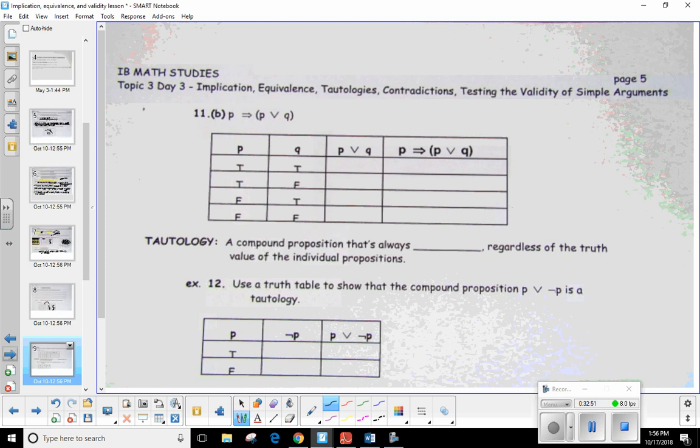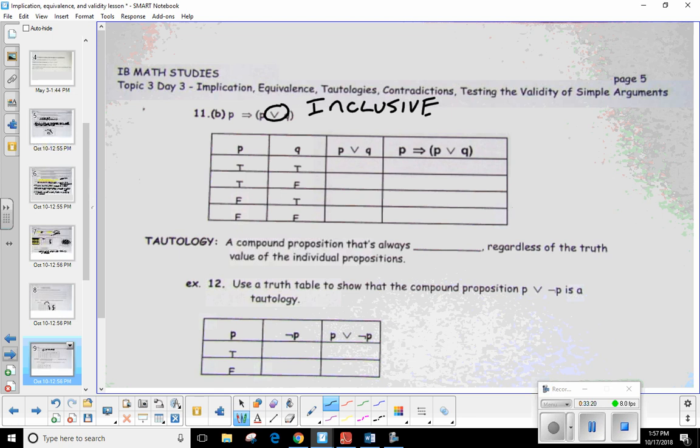No? Okay. Zoe, is this the inclusive or the exclusive? This is the inclusive. Okay. What does that mean? Okay, Gabby.